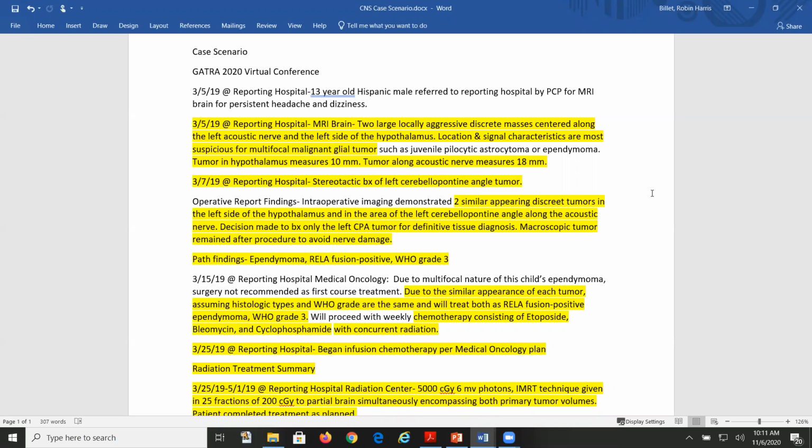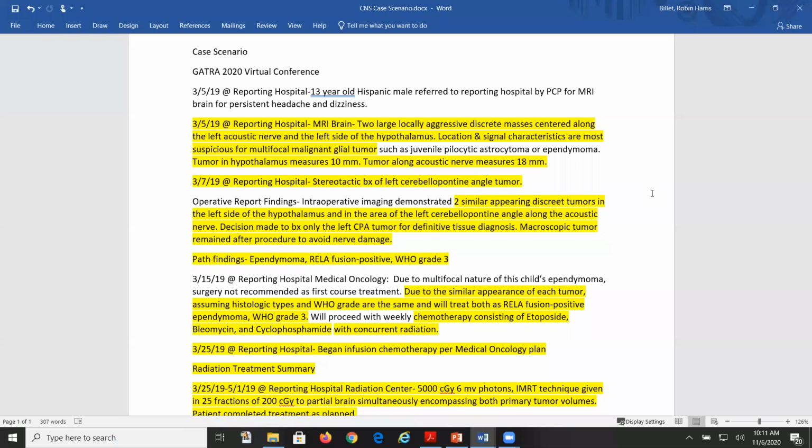So on 3/7/19 at the reporting hospital, we have a stereotactic biopsy of the left cerebellopontine angle tumor. Now, this is a very common location descriptor of acoustic nerve. So the op report identifies again the two tumors in the left hypothalamus and the left acoustic nerve.